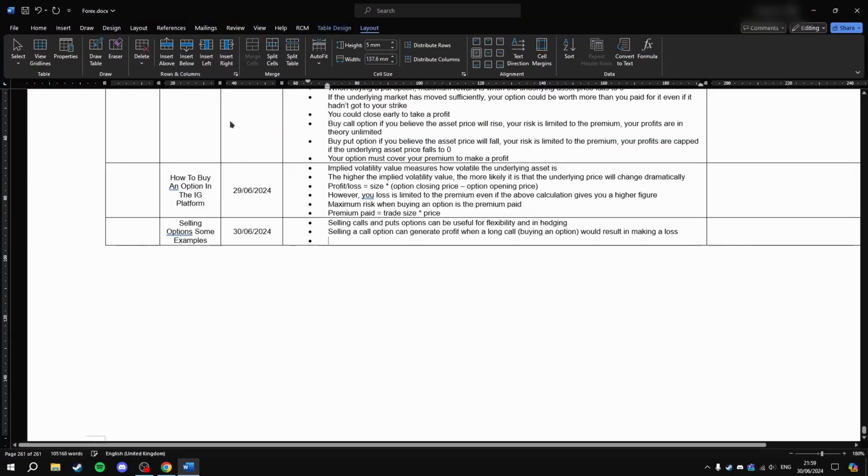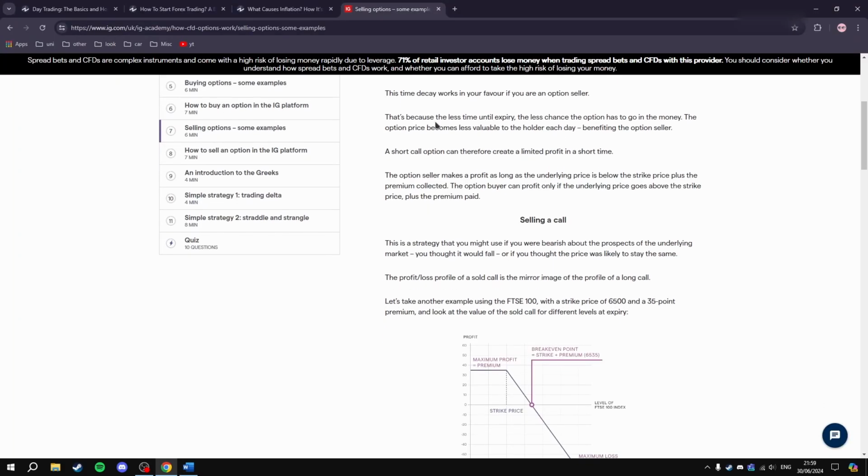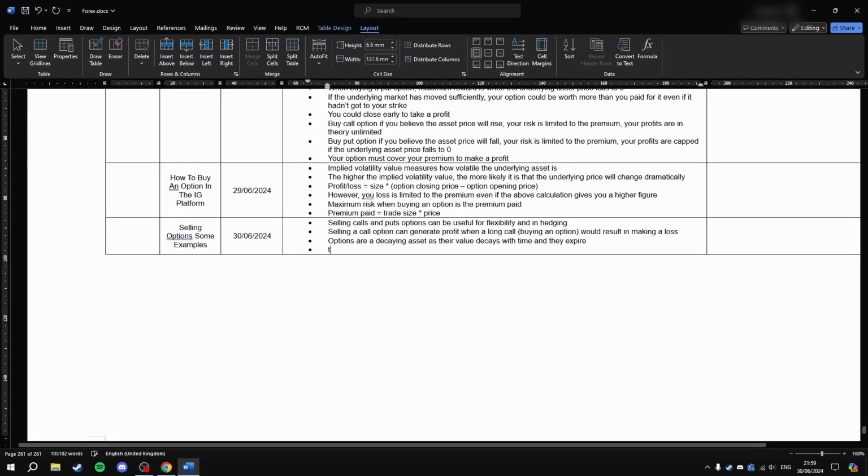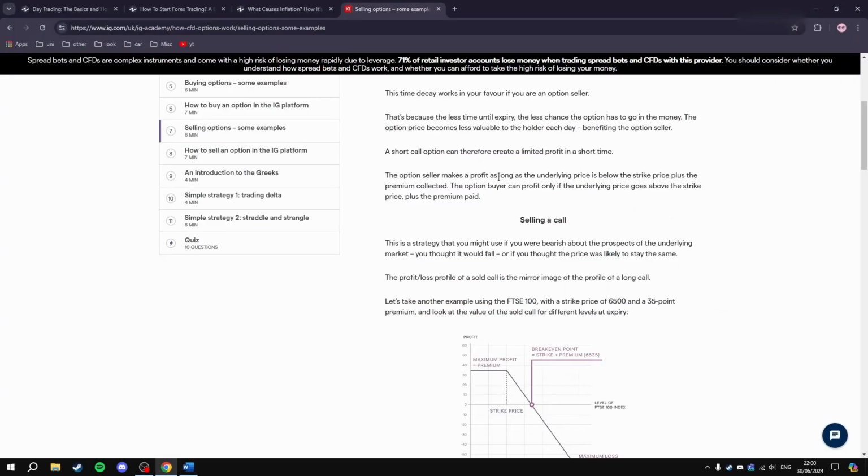This time decay works in your favor if you're an option seller.